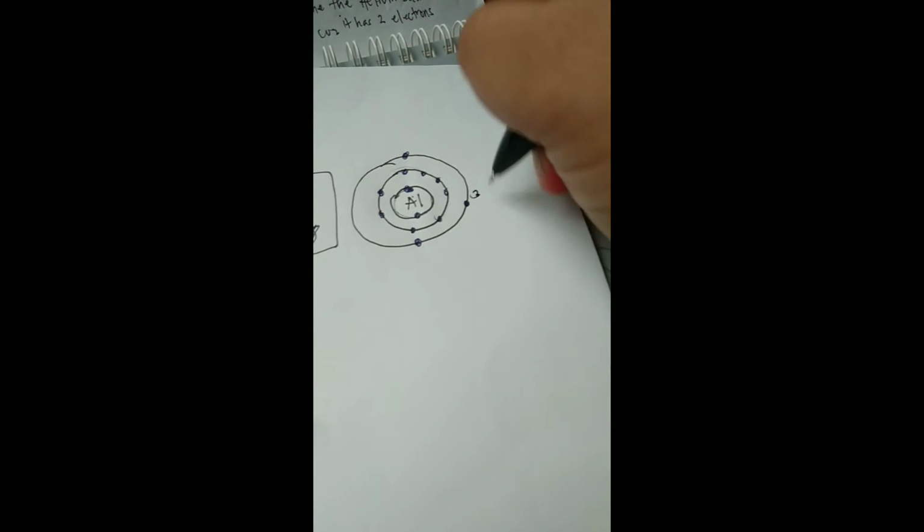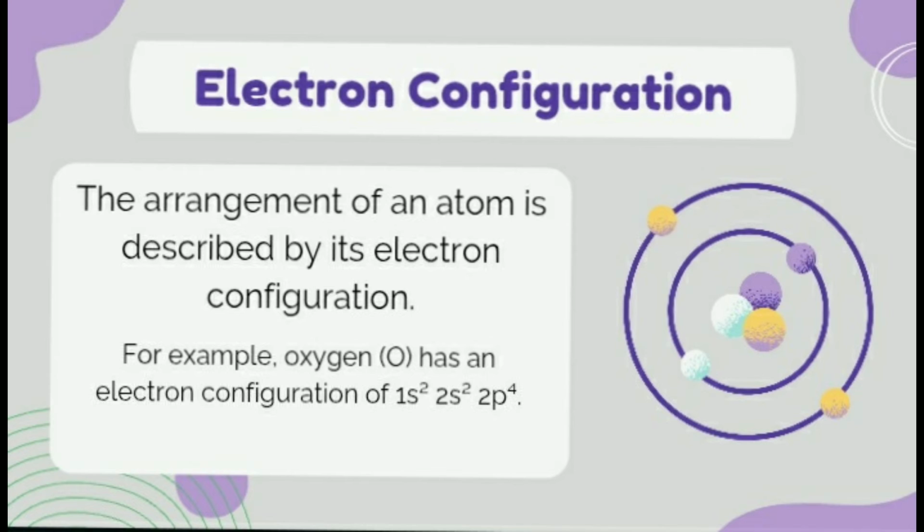So, ang meaning, ang valence electrons po ng aluminum is 3 kasi yun po yung nasa outermost or pinakalabas na shell. And then the first and second shell, which is the core electrons, is 10. Yung nasa first and second shell, yun na po yung core electrons with a total of 13 electrons.